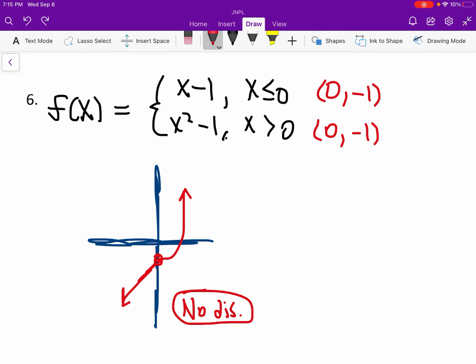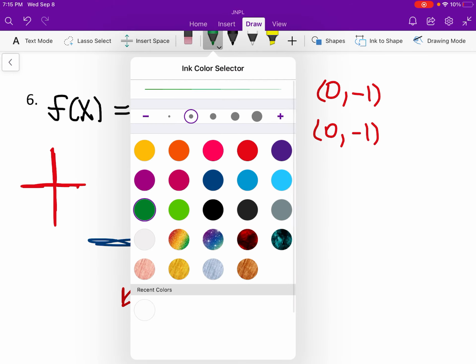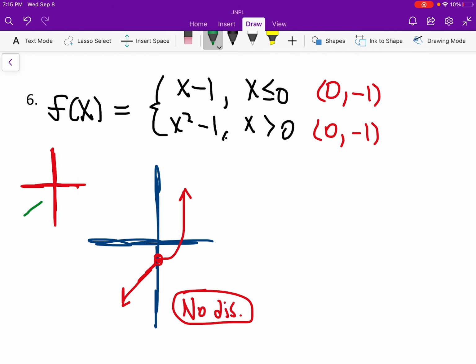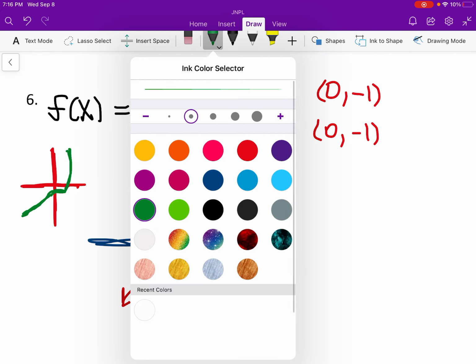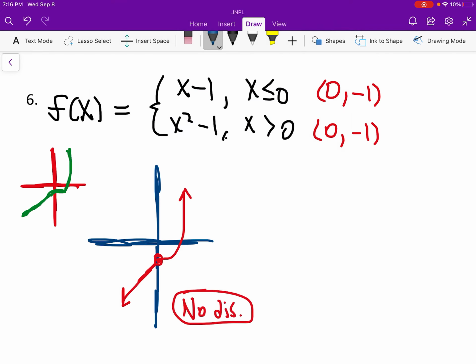In fact, if you wanted to graph this normally, it would just look like this. And there's not one value that the x doesn't go through. If you were to trace down this, there's not one value that gets skipped. So there are no discontinuities for that.